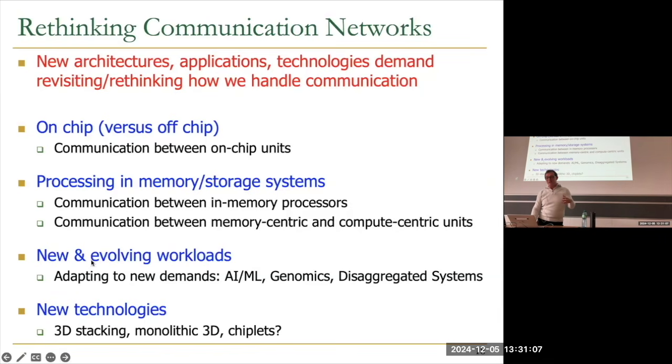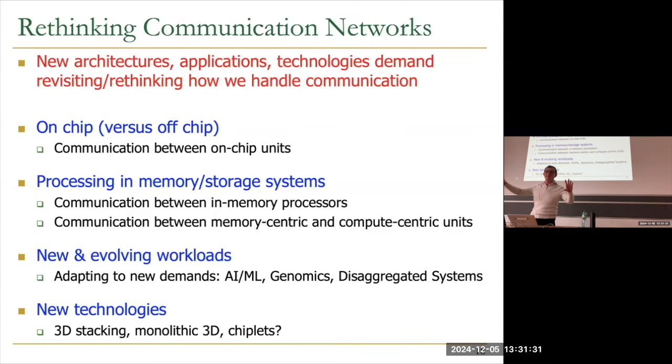At the same time, we have new and evolving workloads, which are demanding changes at different levels of networks. Clearly, machine learning, for example, is a very data-intensive workload. Genomics is another one. We're disaggregating our systems more and more, right? If you look at a data center today, you're really distributing computation and memory and storage across the entire data center.